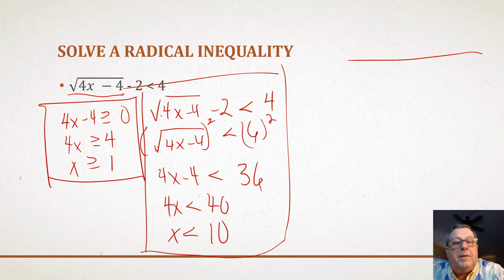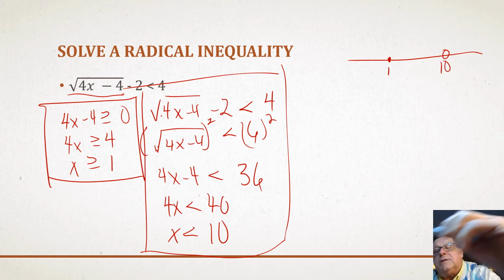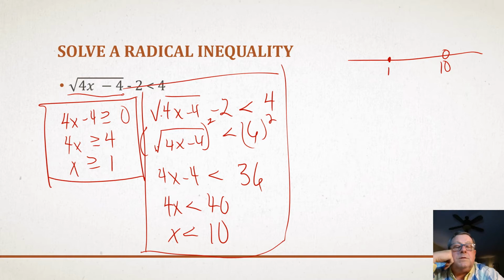All right, so I got my number line. Let's go ahead and put 1 out here with a closed dot because it must be greater than or equal to 1. But I got an open dot here at 10 because that's just a simple less than. All right, so let's test our intervals. Well, 0 is less than 1, right, on this interval right here.